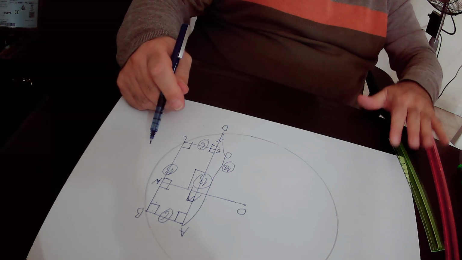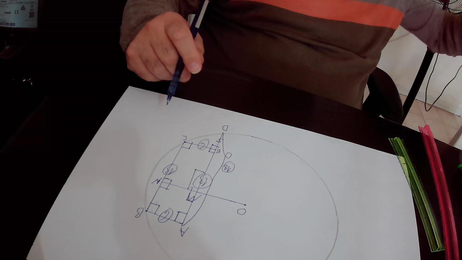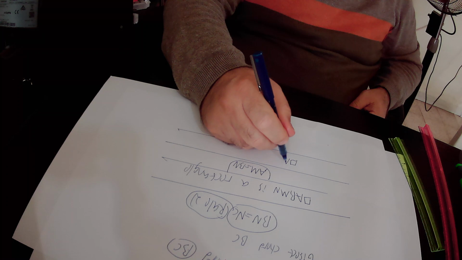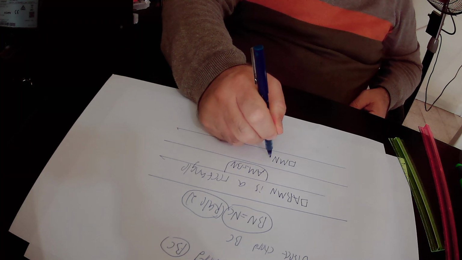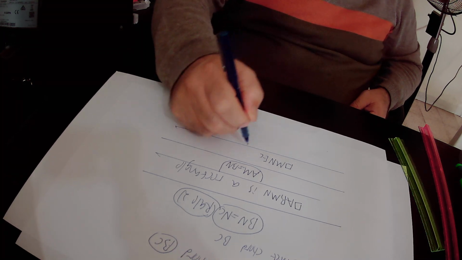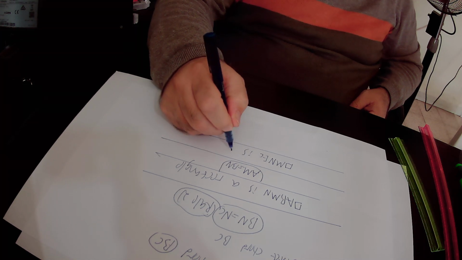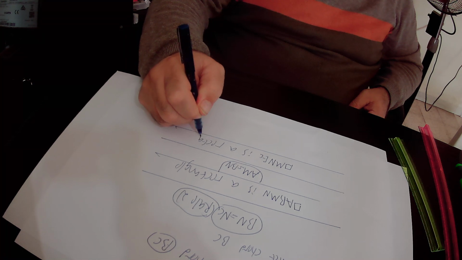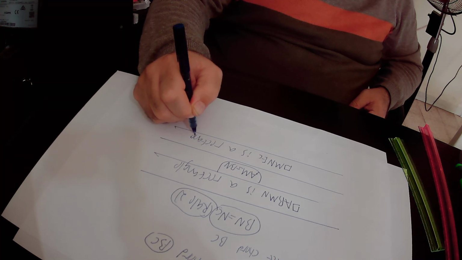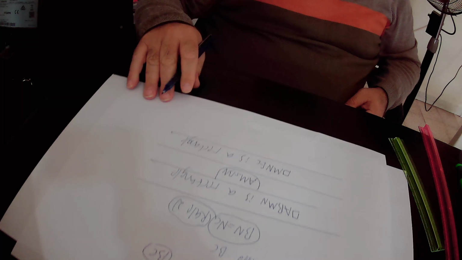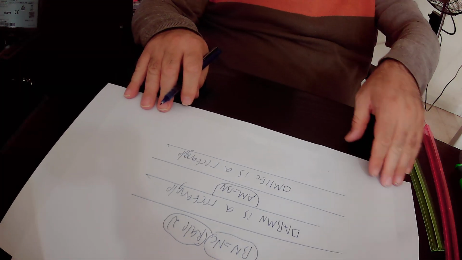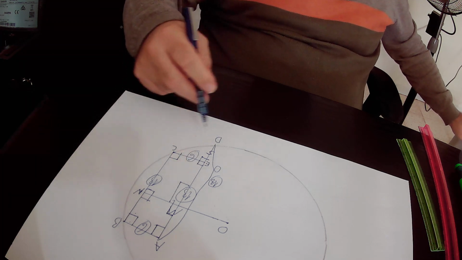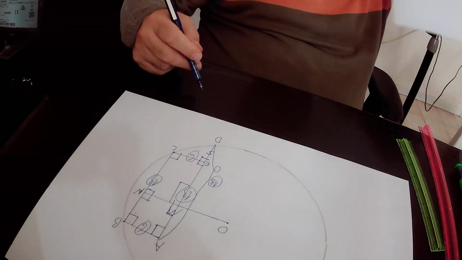So I write it down: quadrilateral MNEC is a rectangle because it has 4 right angles. We also know that the opposite sides of a rectangle are equal to each other. That is to say, ME equals NC.